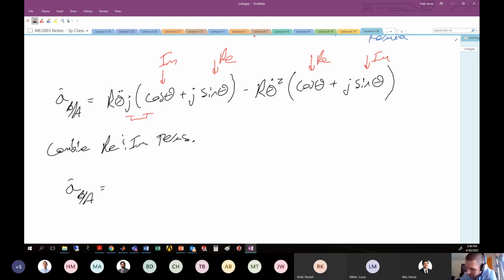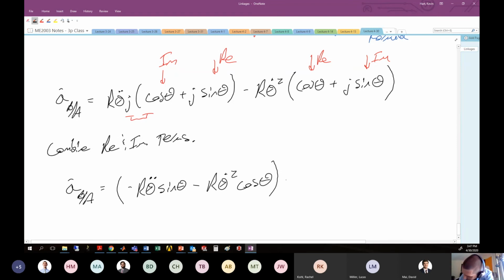So the final result is that the acceleration of B relative to A is going to be, here I have this j times sine theta, so we'll have a negative r theta double dot sine theta. Then this real component here is minus r theta dot squared cosine theta. This is in the real direction. And then I'm adding to that what is in the imaginary direction. This is going to be from the tangential term, r theta double dot cosine theta.